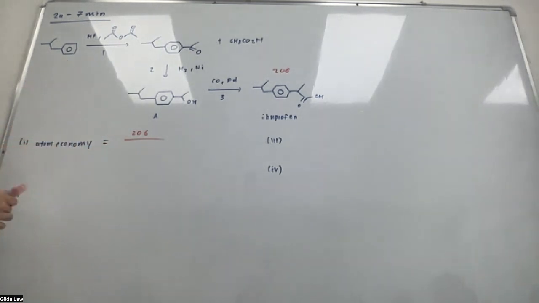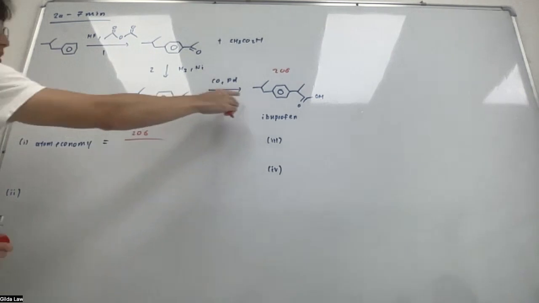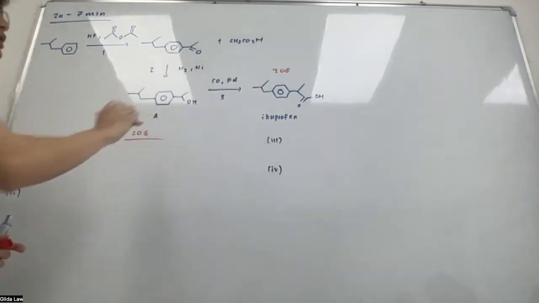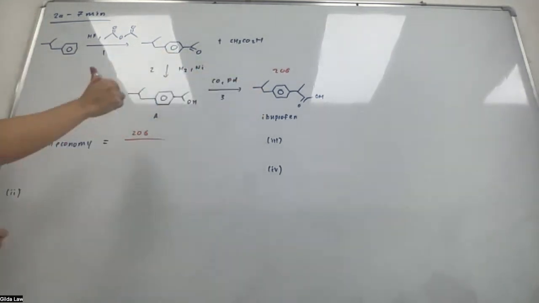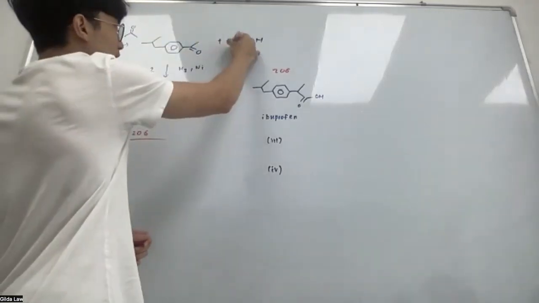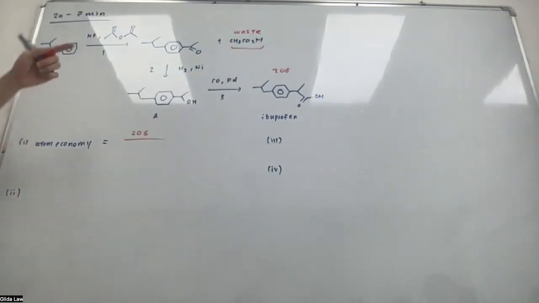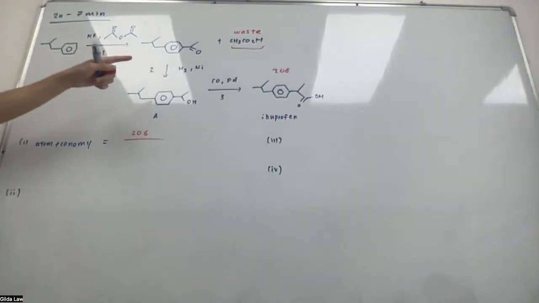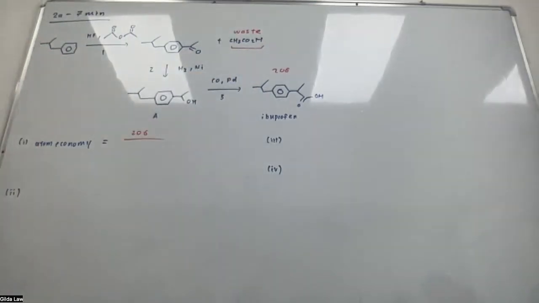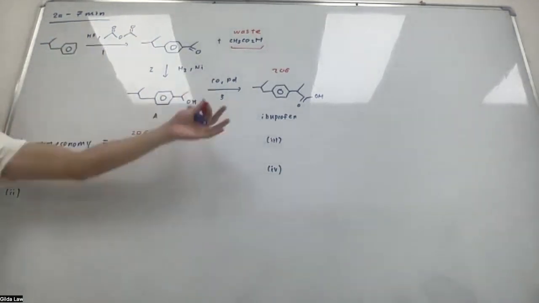To put it into perspective, it's about how efficient your experiment is. These are products that you eventually want, to achieve the final product. But in the process, this is actually your waste. You never needed CH3CO2H. It just came out as a byproduct, which doesn't contribute to the final product.